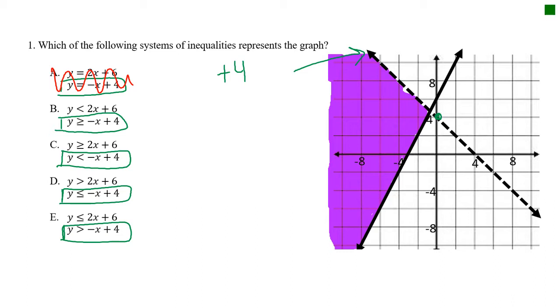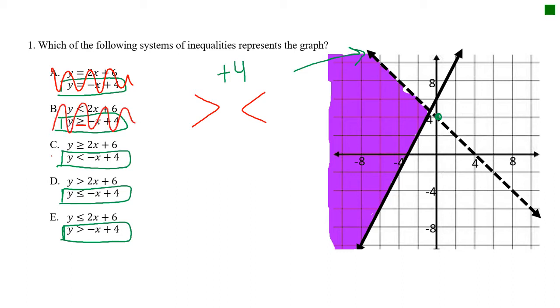We're talking about a dash line, so that means that the only symbol that we're talking about is the greater than or less than symbol. So I'm going to eliminate all the options that do not have those 2 options. For option B, for instance, I have the greater than or equal to. You see that little line on the bottom? That means it's equal to, and I'm not using that sign. So this is not an option.